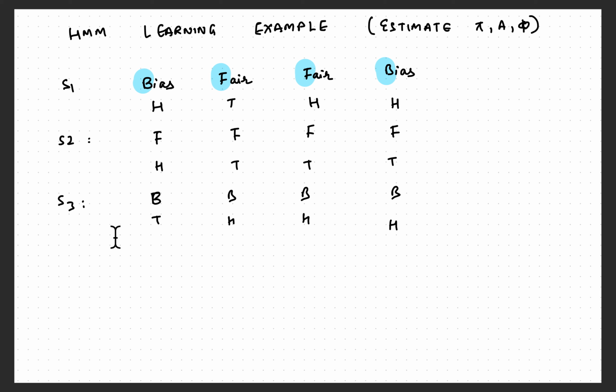Could you tell me what is pi hat, a hat, and phi hat for this case? Think for a minute. Go back to the previous slide and see if you need to revise the formulation. But even if you don't remember the formulation, you should be trying to think out aloud from scratch what you would have as pi hat, a hat, and phi hat.